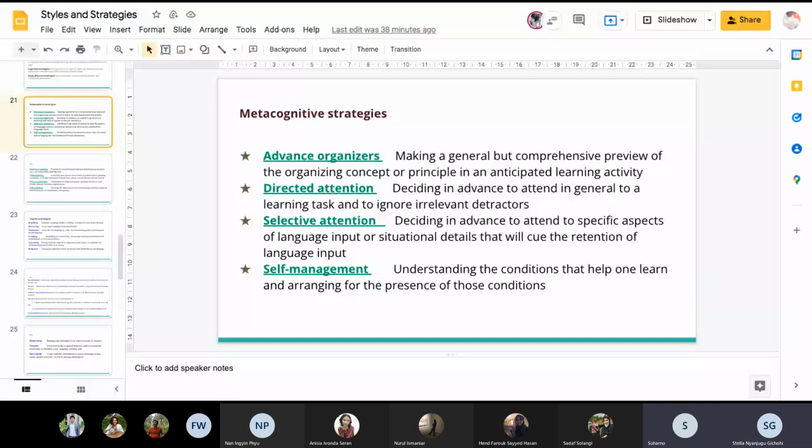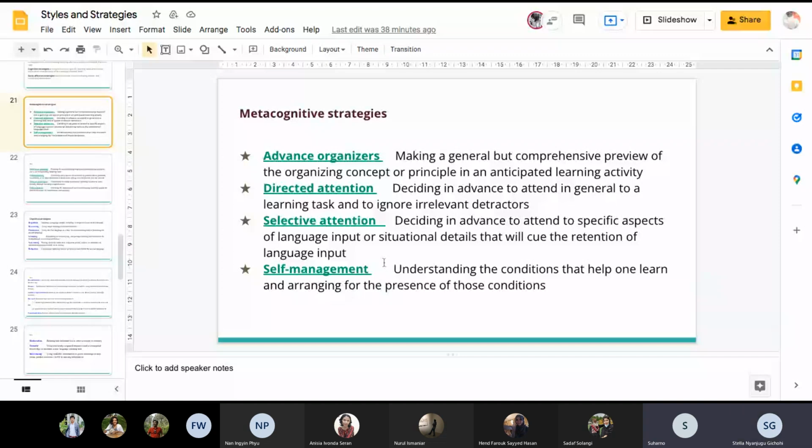Then you have those who use directed attention. These decide in advance on the learning task, and what they do is ignore any distractors. They know that I want to learn, so I'm going to put all my effort here. And then you have selective attention.